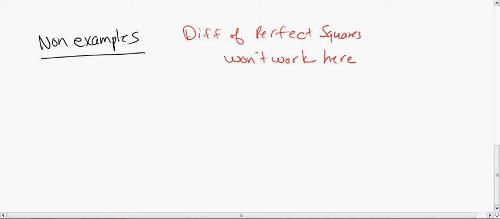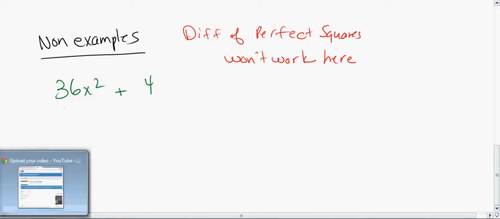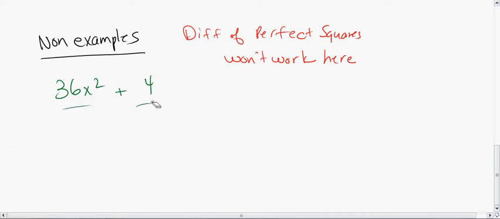How about this one? 36x squared plus 4. Well, do I have 2 things? Yep, I've got a 36x squared and a 4. Am I subtracting them? No, I'm not subtracting them. Look, I'm adding them. I do have perfect squares. 36x squared could become 6x and 4 could become 2, but because I am not subtracting, I can't use the difference of perfect squares. It won't work here. So, won't work. No subtracting.